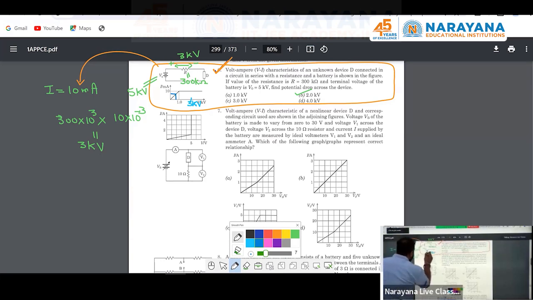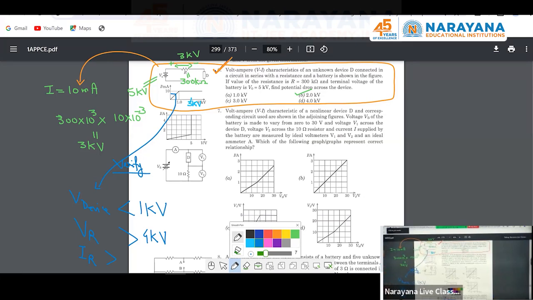So this domain can be verified, because for voltage across the device this is just a verification that I want to do. If the voltage across the device comes out to be less than 1 kilovolt, that means the voltage across the resistance is greater than 4 kilovolt. That means the current across the resistance is greater than 4 kilovolt upon 300 kilo ohms.